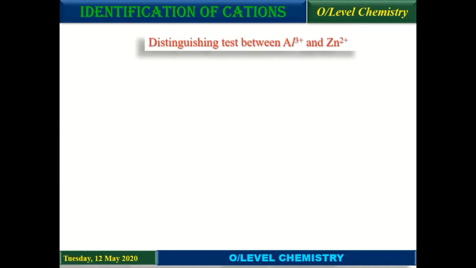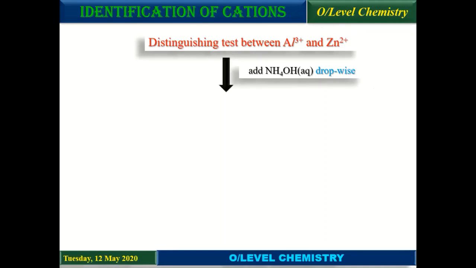Now, we have to distinguish between aluminium and zinc. Then what we do, we again take a small quantity of our sample solution, whatever they gave to you. Then we add ammonium hydroxide dropwise.